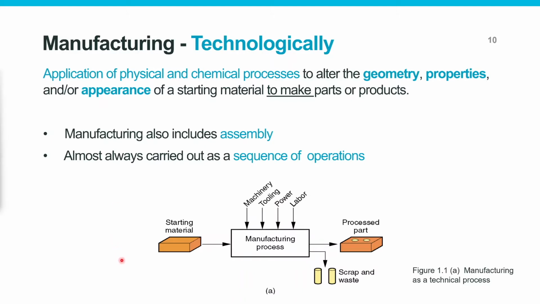As you can see here, in manufacturing, we start with a block of material. We go through the manufacturing processes using machinery, tooling, power, and labor, and at the end we get the products, or let's say the processed parts. Depending on what method of manufacturing we use, we have different scrap and waste at the end. So it's always carried out as a sequence of operations.